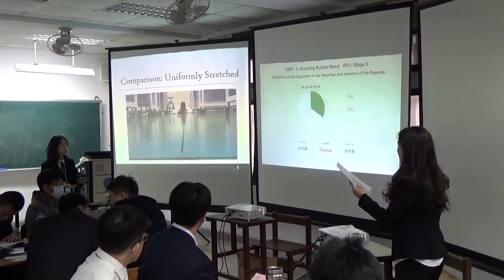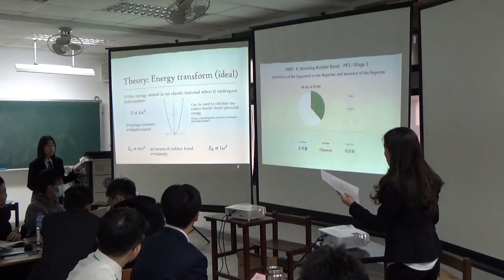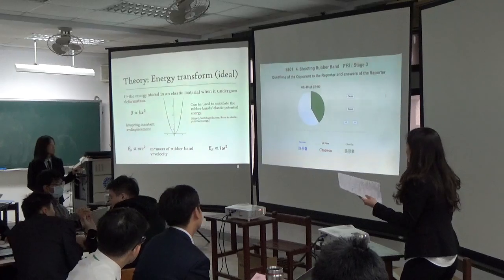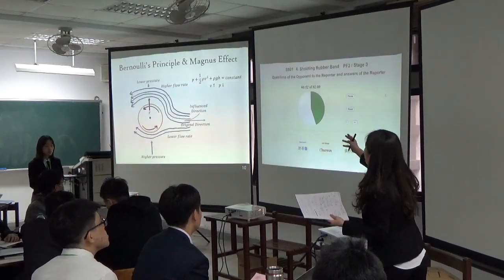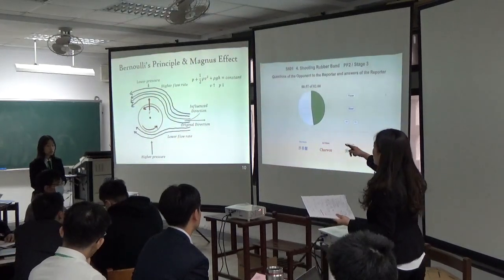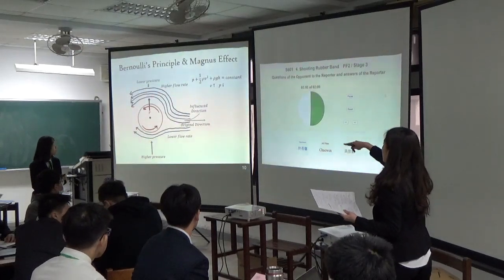Can you go to slide 8? Did you consider the factor of dynamic buckling and Euler's theory of structure? No. Okay. Can you go to slide 10? You used Bernoulli's principle to calculate the Magnus effect. But how do you know the flow will not be turbulent around the rubber band?